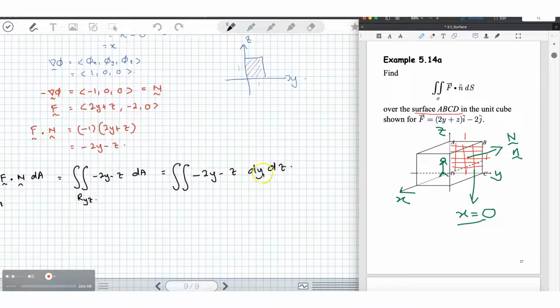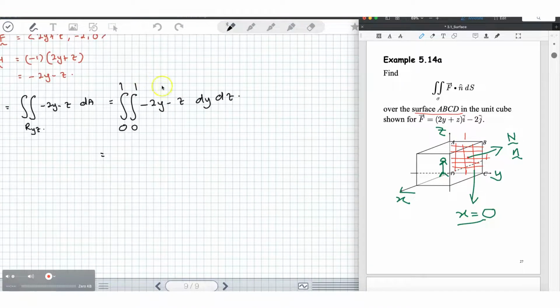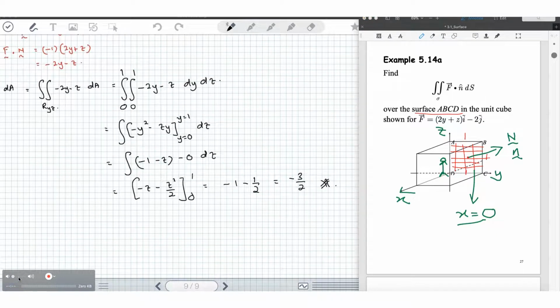Now because it is a rectangle, the limits are all constant: z from 0 to 1, y also from 0 to 1. Then we can integrate that. I think we have no problem integrating this. So when we integrate, this is the answer.